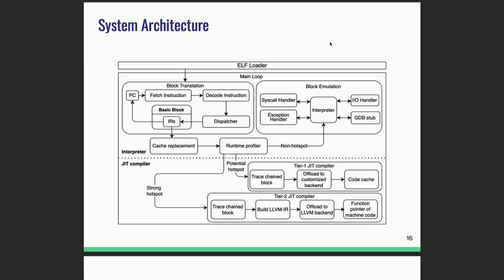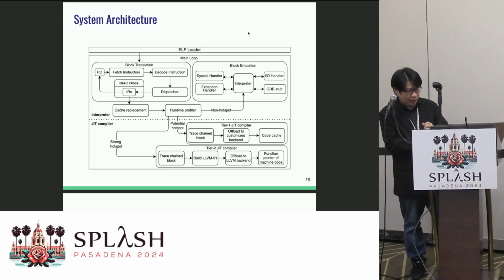For this case, more work is involved. Right now, for the potential hotspot, we invoke the tier 1 JIT compiler and generate machine code as fast as we can. And later, we can collect the runtime information, which could be the feedback for further optimizations.